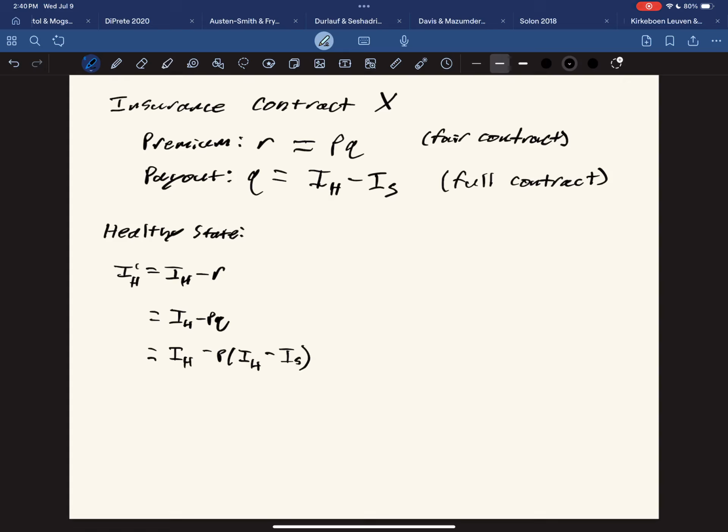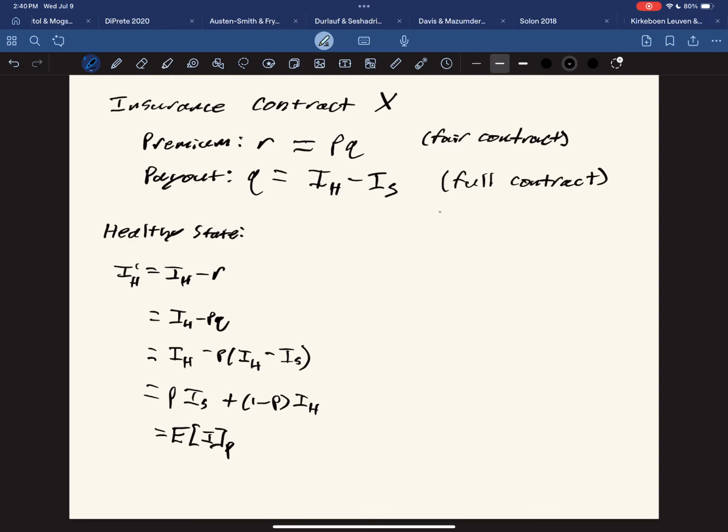If we do some algebra, this is equal to P IS plus 1 minus P IH, which is equal to the expected value of my income overall.